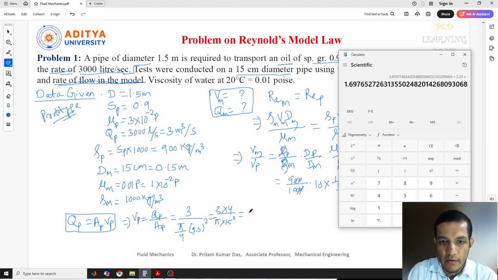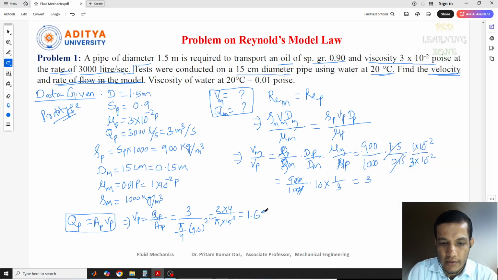So you can write 1.69 meter per second. This is the velocity of the prototype. Now put this value in this equation. Vm equal to velocity of the model equal to, we got the value 3 here, so 3 into velocity of the prototype. That means 3 into 1.69.